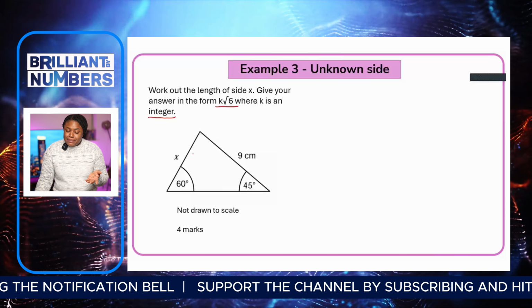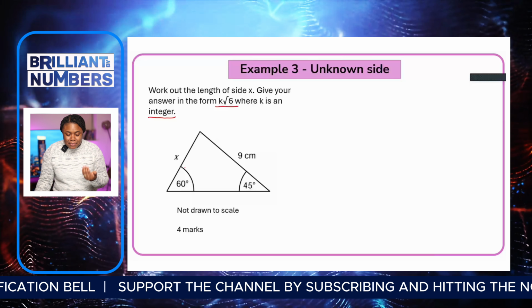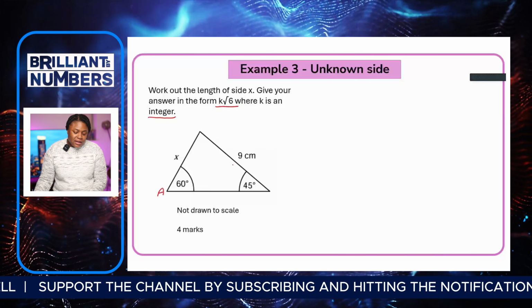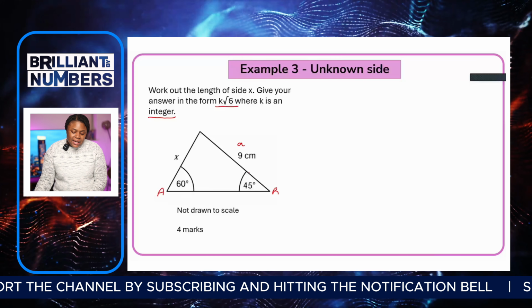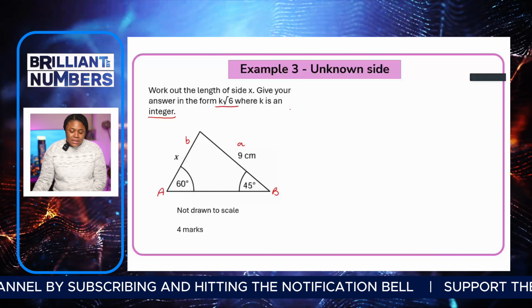So same principle applies. We're going to ensure that we've got a matching pair. So I've got 60. So let's call this A, and let's call this little a, and b and little b. So again, we're going to just write our formula down.